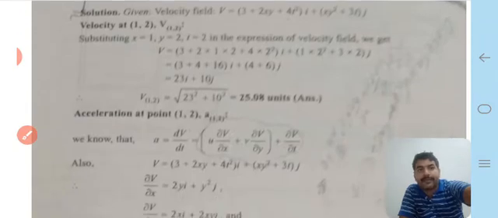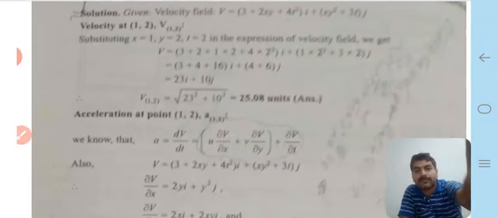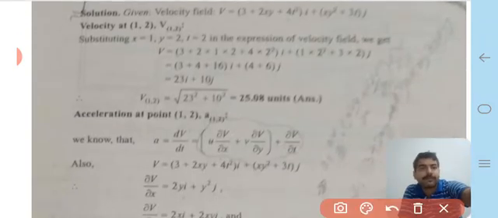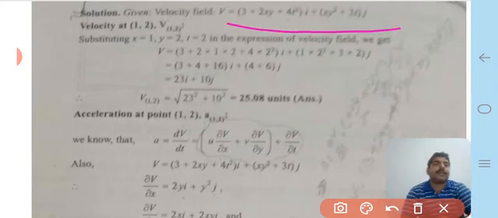Here the velocity field is V equal to (3 plus 2xy plus 4t²) i plus (xy² plus 3t) j, where the k component is 0 because the fluid flow is two-dimensional.